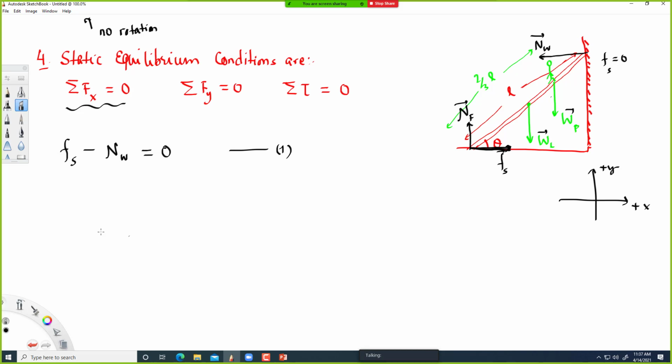Now, sum of all the forces along y direction. What are the forces along y direction? There are a bunch. We have N F, normal due to the floor, positive. There's weight of the ladder, pointing down, weight of the person, and then, what's that?